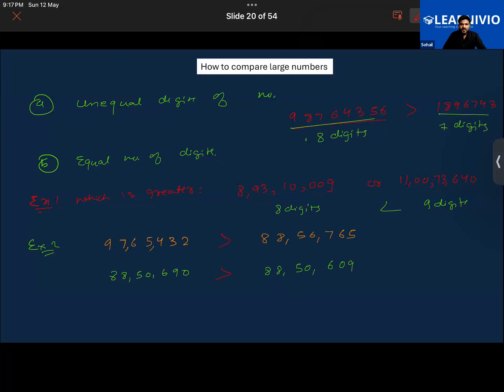Okay. Now next let us understand about the international system of writing numbers. How do we write the numbers in the international format? In the international system, you start from ones, then tens, then 100. Then you have 1000.